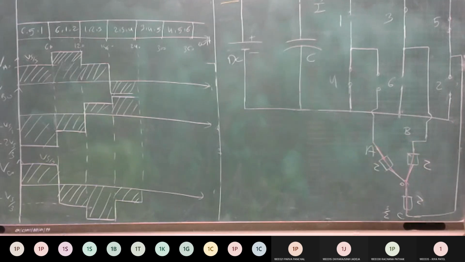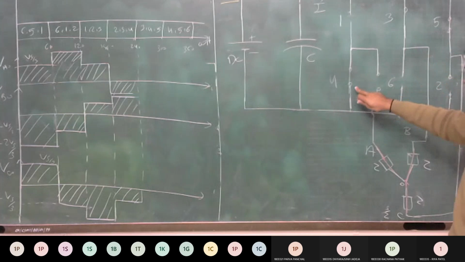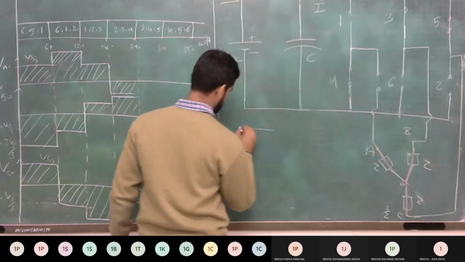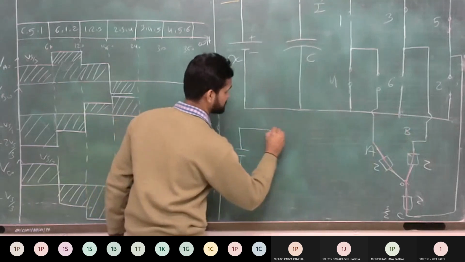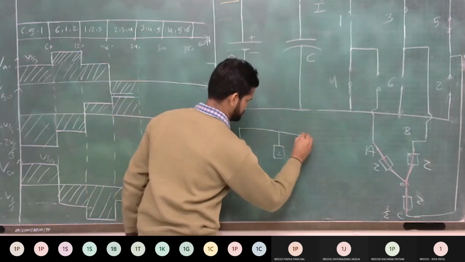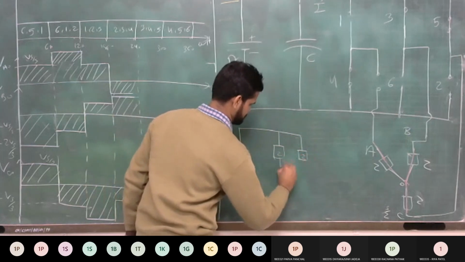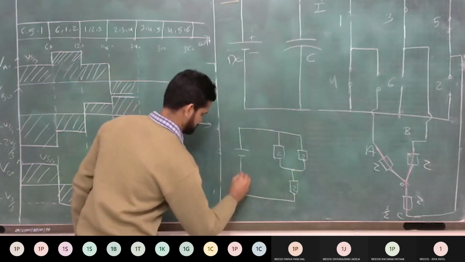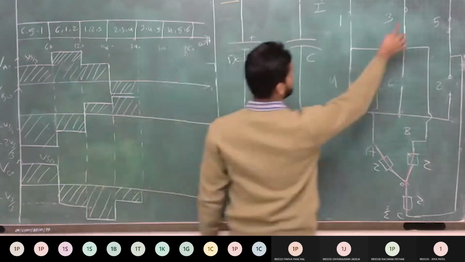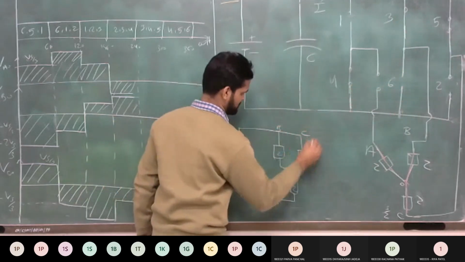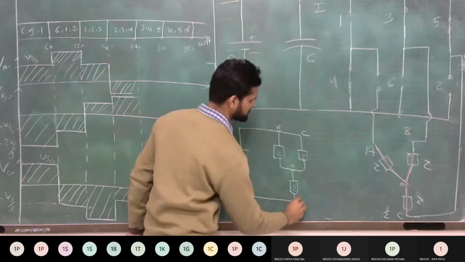Upper group 3 and 5 are on. From the lower group, phase A, the 4th thyristor is on. So draw the equivalent circuit. This is phase B and this is phase C. So B and C, this is neutral O and this is phase A.